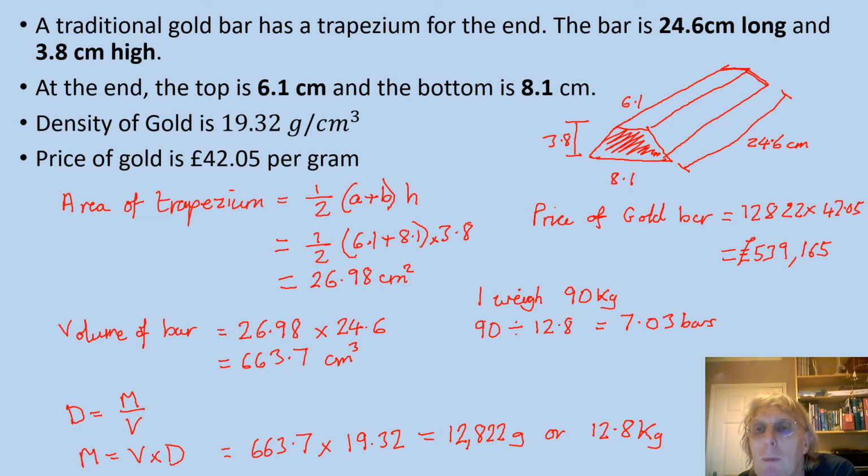To find out how much I'm worth, I've got to do 7 multiplied by 539,165. So if I was worth my own weight in gold, I would be worth £3,774,155.